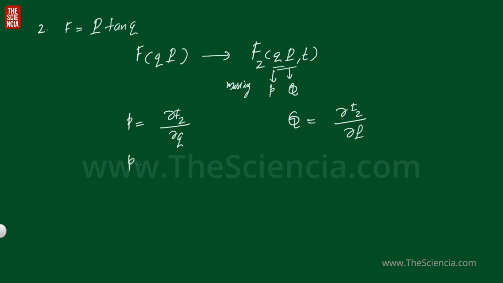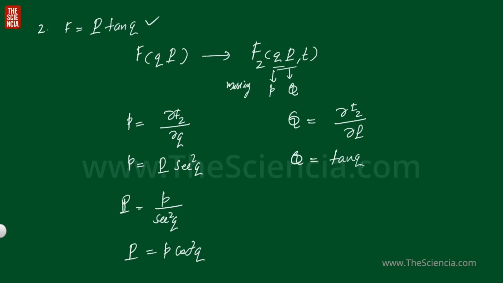So what we get? p is equal to ∂F2/∂q, that is capital P into sec²q. So we can derive this equation, that is capital P will be equal to small p by sec²q, that is P equal to small p into cos²q. And what we will get for capital Q? We get capital Q is equal to ∂F2/∂P, that is tan q.